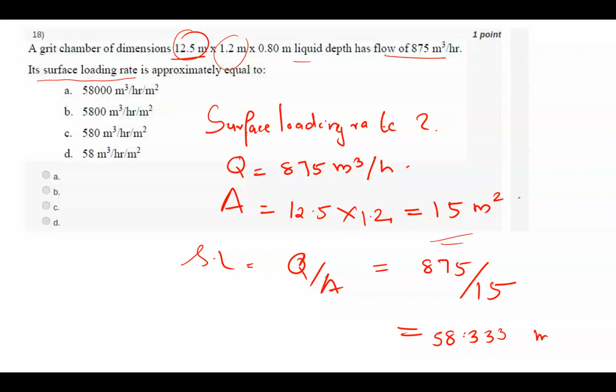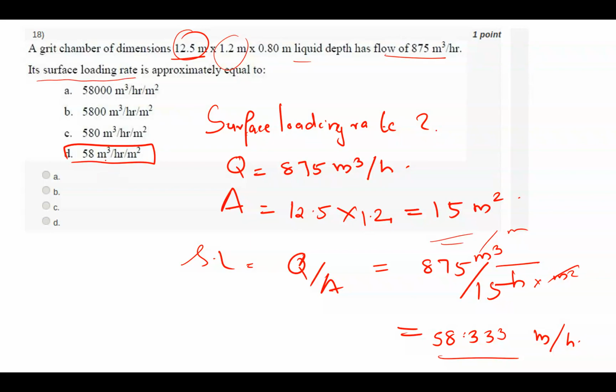Sorry, this is meter cube per hour, and this area is meter square. So this is meters per hour. So here, the answer is this D, right?